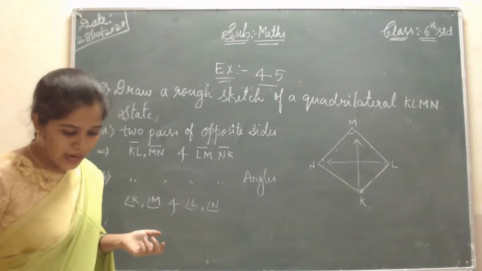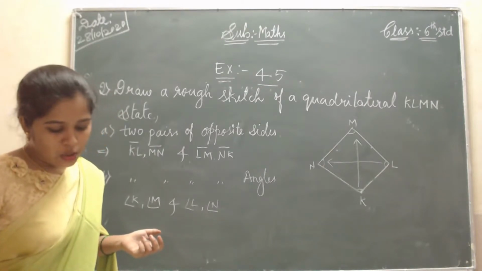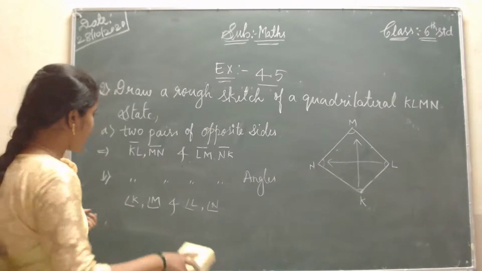Next, coming to the C part, two pairs of adjacent sides.